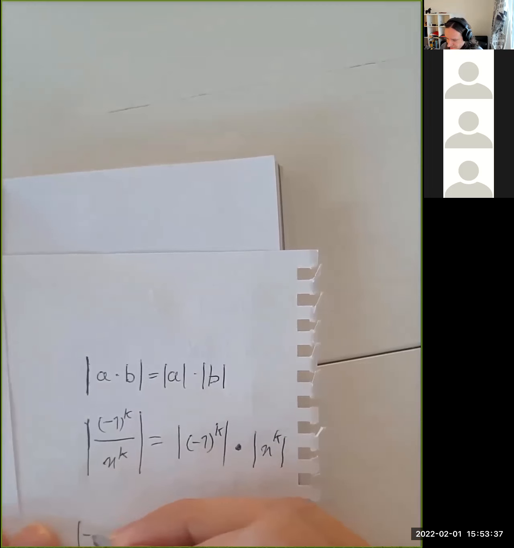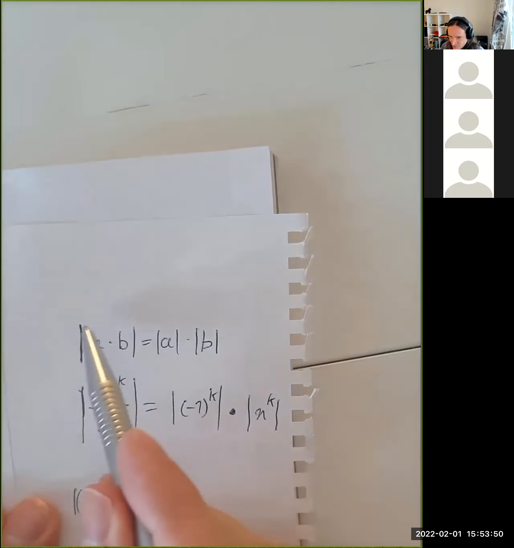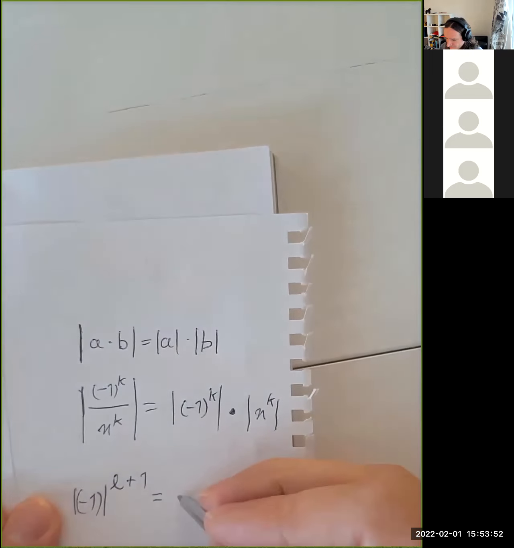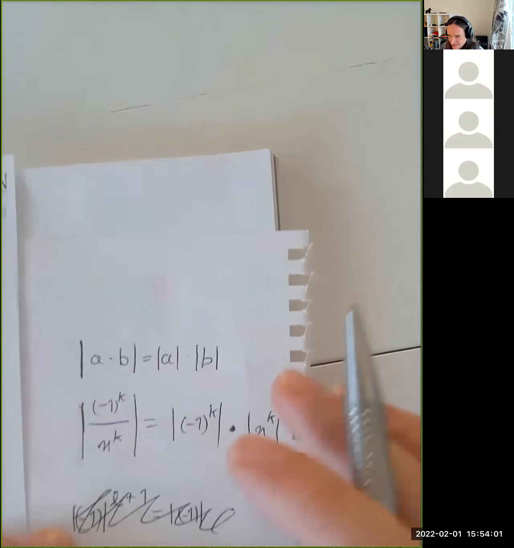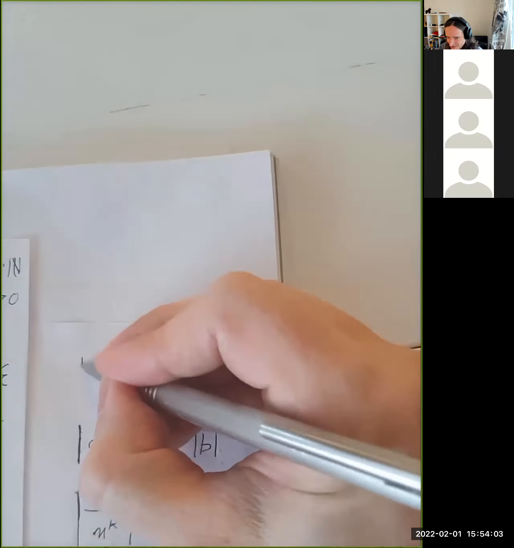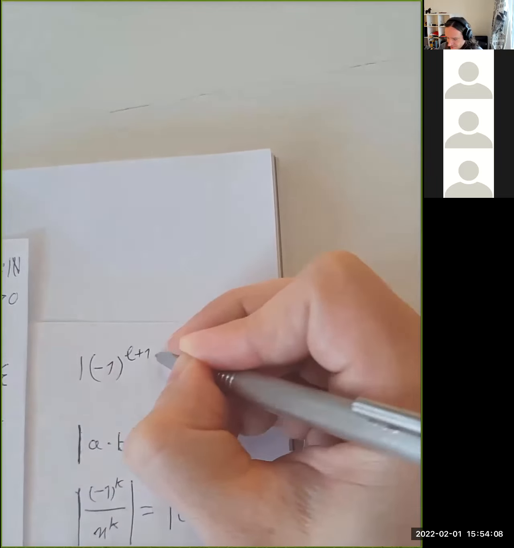Because if we have, let's give it a fresh name, if this is L plus 1, we can use this rule again. And rule for calculating with powers. Oh, sorry, I wrote it wrong. So let's do it above it. Plus 1.